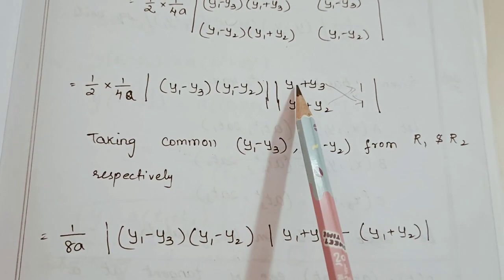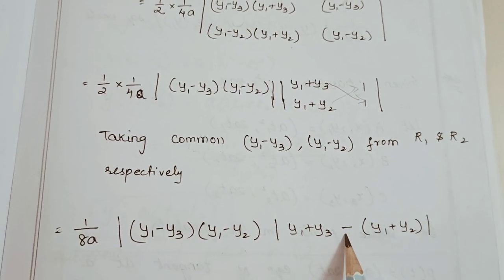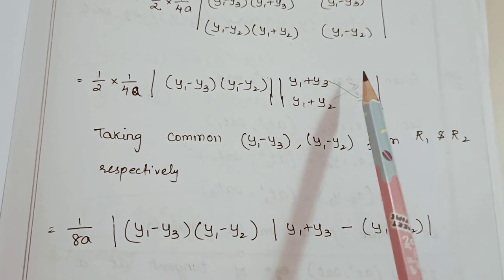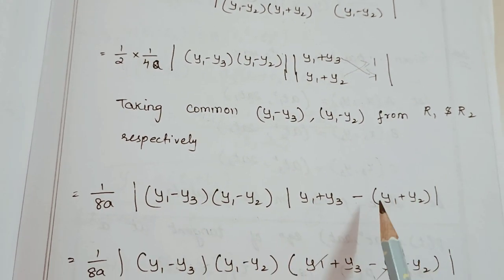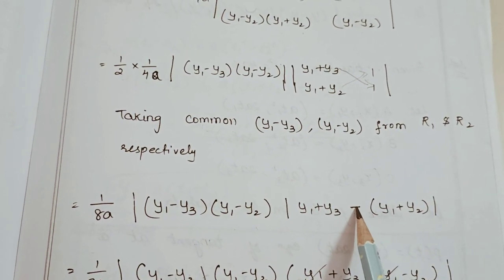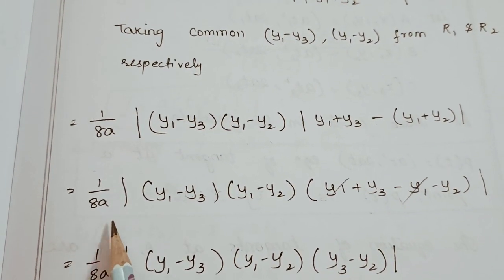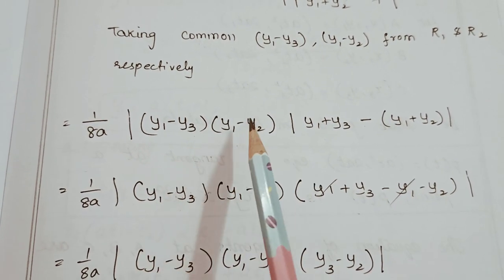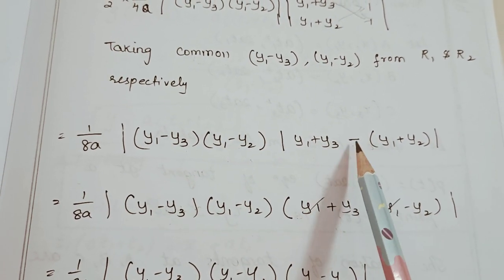Taking the determinant: (y1 + y3) into 1 is y1 + y3, minus, that is AD minus BC, (y1 + y2) into 1. In the middle always a negative sign will be there in that formula. Okay, 1/8a (y1 − y3)(y1 − y2) times (y1 + y3 − y1 − y2).